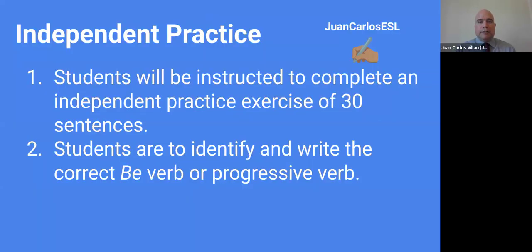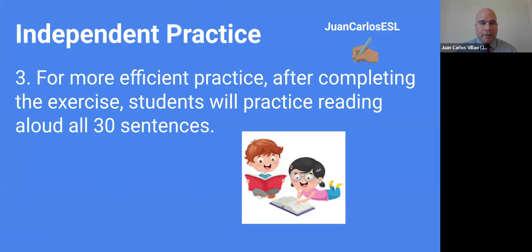In the independent practice, the students will be instructed to complete an exercise of 30 sentences. Students are to identify and write the correct be verb or progressive verb. I'll get to that in a moment. Then for more efficient practice, after completing the exercise, students will practice reading aloud all 30 sentences.